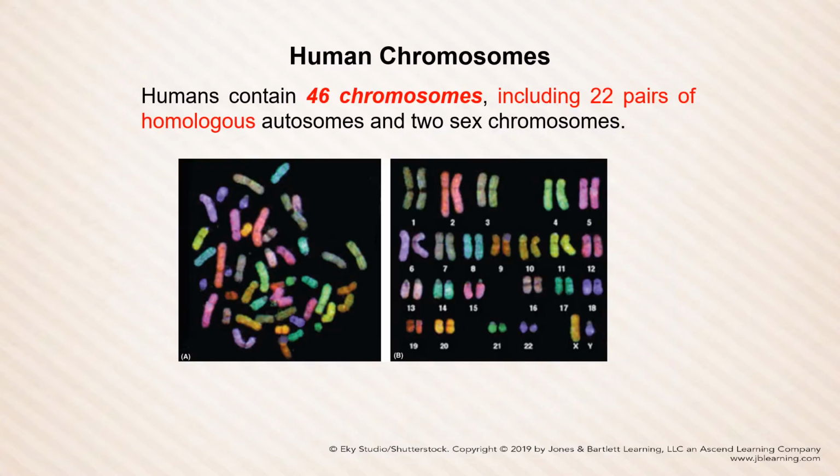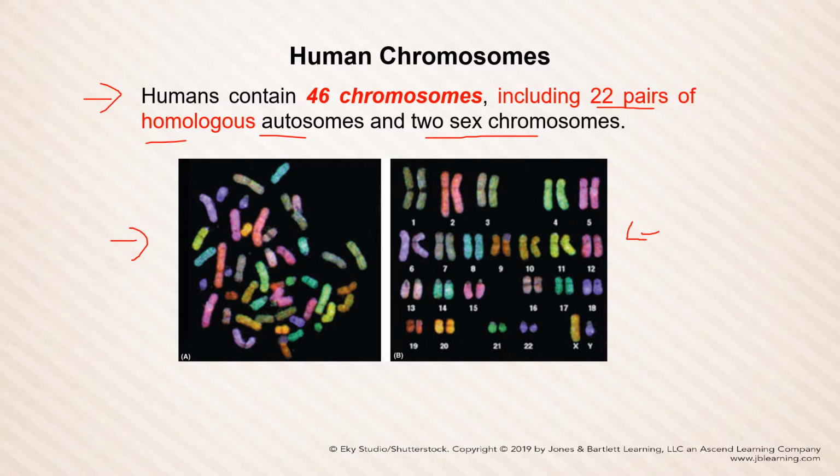Okay, so let's talk about human chromosomes. We all know that humans contain 46 chromosomes, including 22 pairs of homologous chromosomes that are autosomes and two sex chromosomes. So here is the same picture, but the difference is that in one we organize the chromosomes. In A, all of them are disorganized.